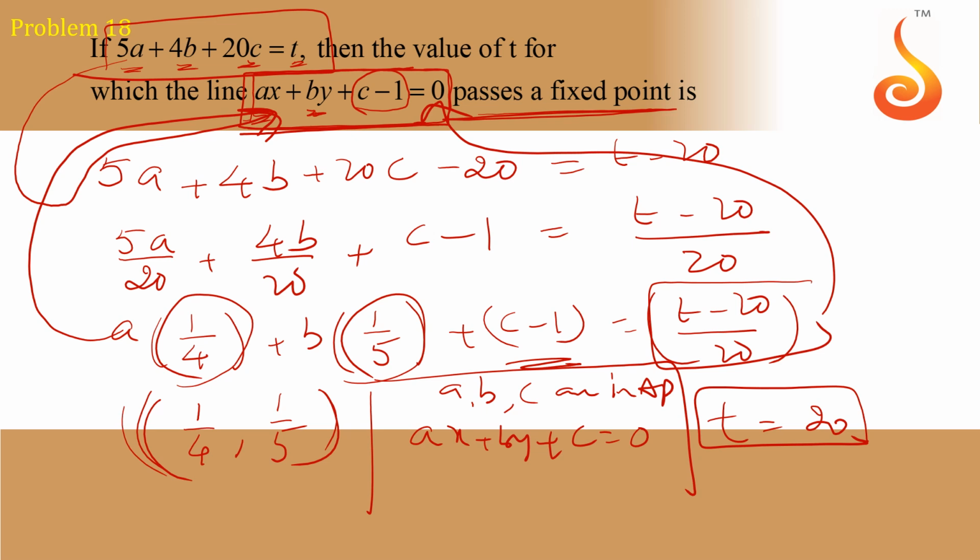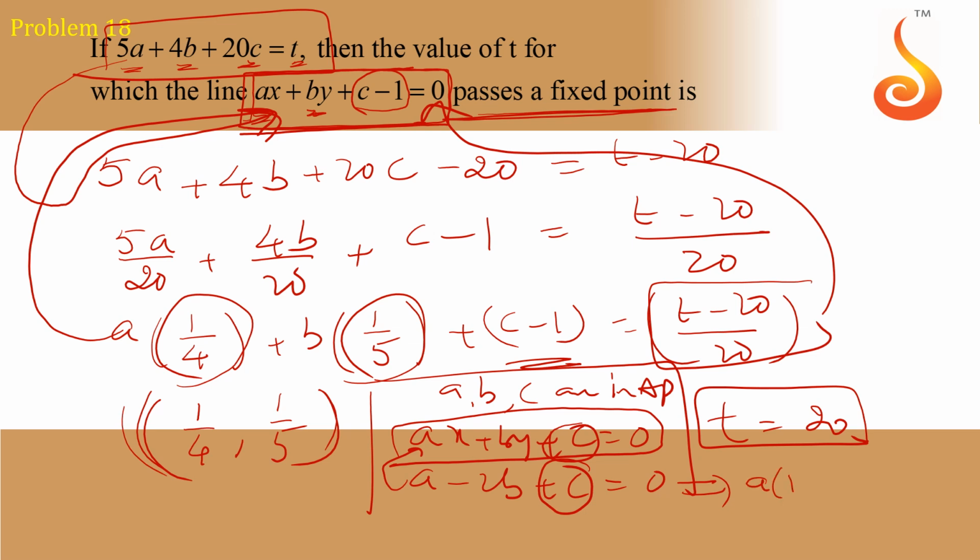So what is the condition? a minus 2b plus c equal to 0, because a plus c equal to 2b. This is a condition. Simply you convert this condition into the form of straight line. Observe the constant. Constant is plus c. Here also plus c. Then this is nothing but a into 1 plus b into minus 2 plus c equal to 0.